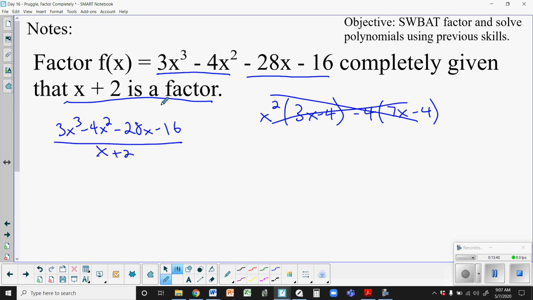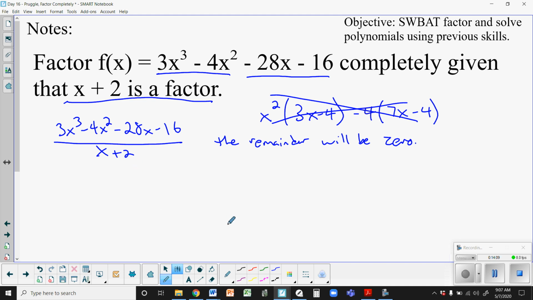It already tells us it's a factor, so we know this is going to divide evenly, meaning the remainder will be 0. And one thing I'll tell you now is if you're given a factor or a 0 of the function, if the remainder isn't 0, we made a mistake. So let's do our division here.